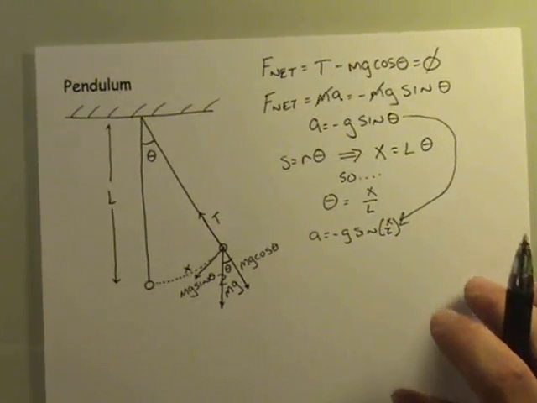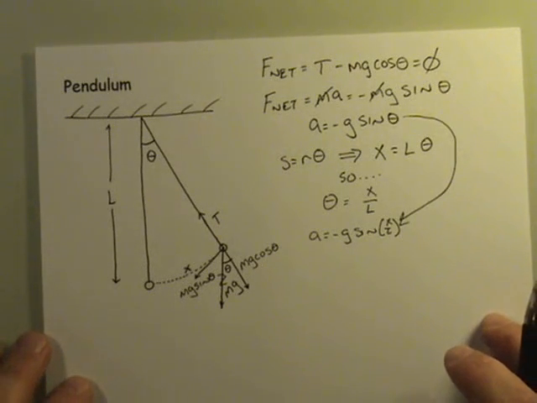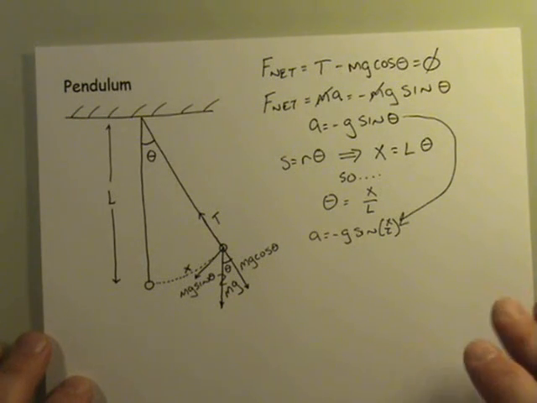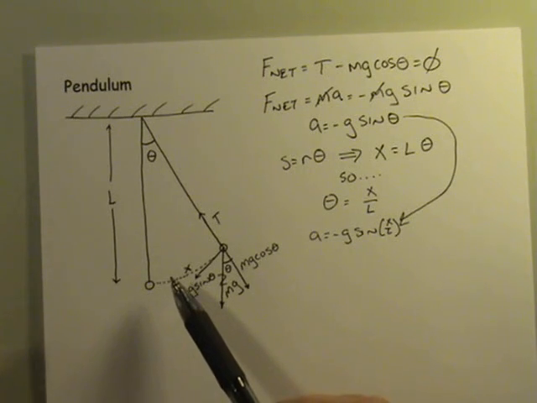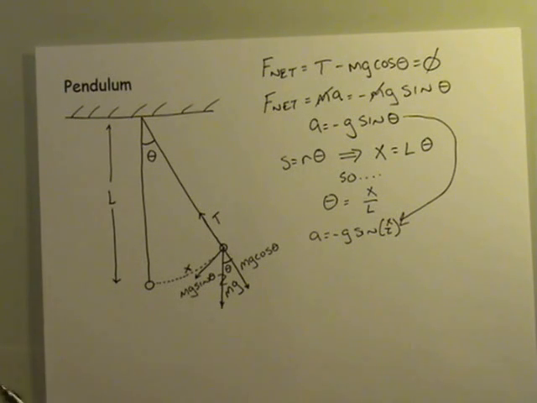So at this point we're going to start to talk about something called the small angle approximation, and that is a very interesting thing that occurs when the angle of the oscillations are very small. And what exactly is small? That really varies from textbook to textbook. Generally speaking, under 5 degrees, that definitely would be considered a small angle approximation.